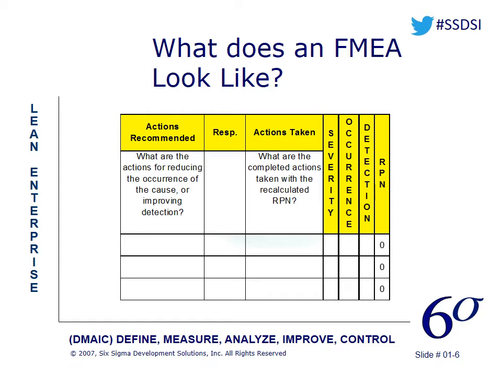This is when we've determined what our highest risk for an effect is, and now we're going to ask, how do we mitigate that risk? What can we do to keep that risk from having as much of an effect as it does or could have?